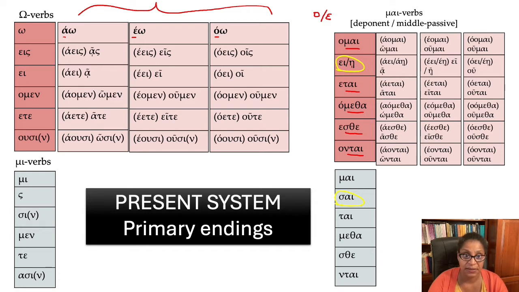So if in the old days, ancient old days, we were gonna put on luo, we're gonna have luo, and we're going to put on the ending, so we get rid of our omega.